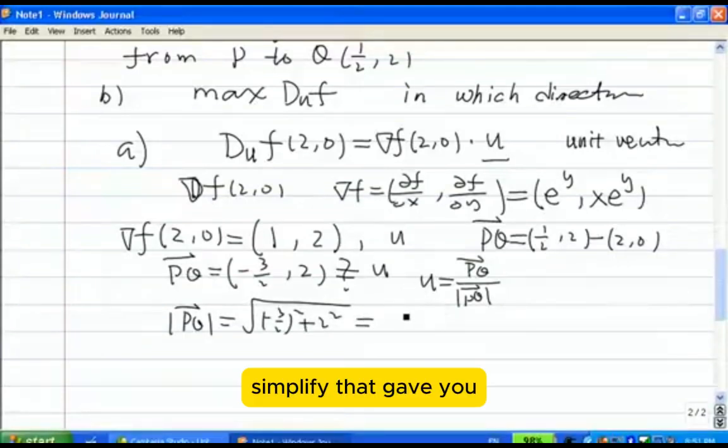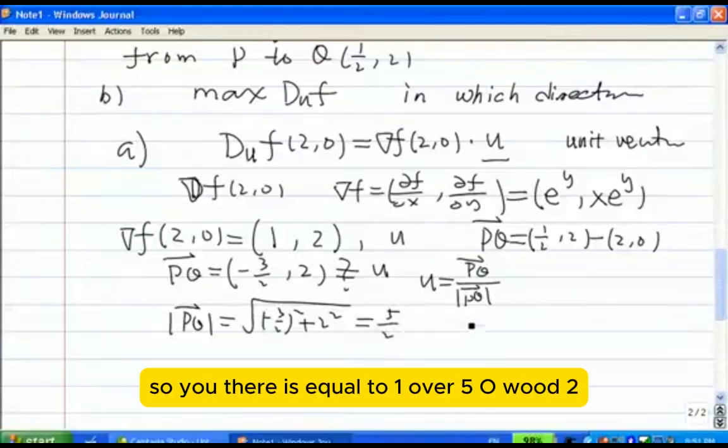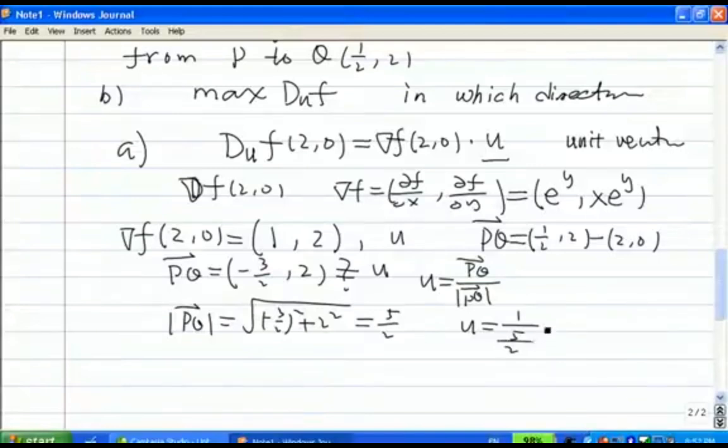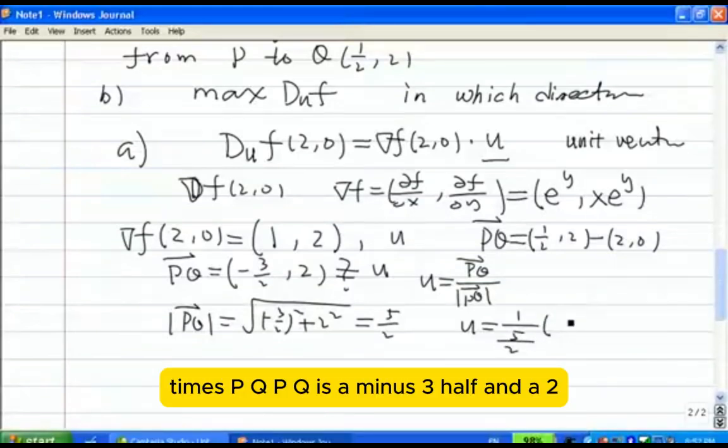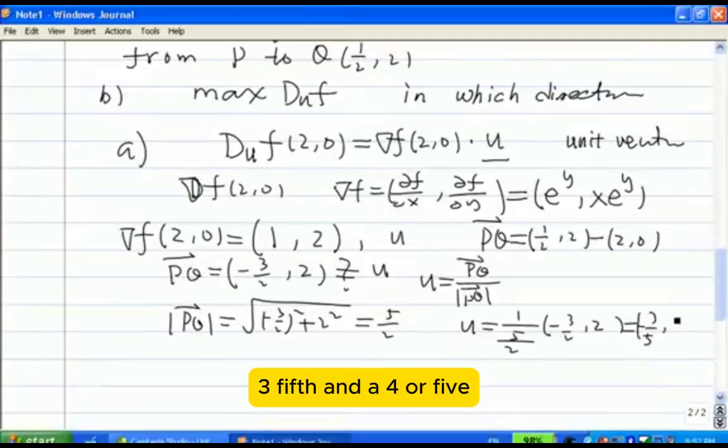You simplify that, it gives you 5 over 2. So u is equal to 1 over 5/2 times PQ. PQ is negative 3/2 and 2, and this gives you negative 3/5 and 4/5.